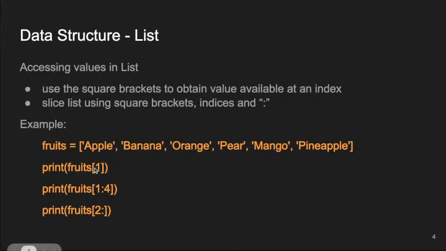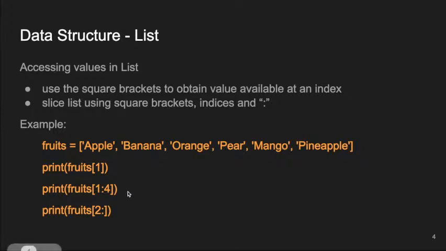So you see here we're printing fruits, and then the square bracket, and then an index. We give it an index. When you print this, you will get one of these fruits, so I'm sure you can guess that it is either this or this, right? So you access the fruits using the square bracket, and then you can supply the index for the item in the list that you're interested in.